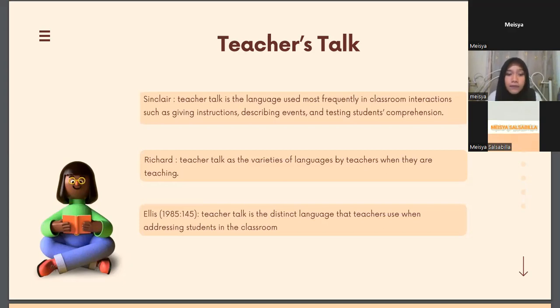And the last is from Alice, who states that teacher talk is the distinct language that teachers use when addressing students in the classrooms. So, teacher talk plays an important role in language teaching, especially in language learning because it is a tool for carrying out teaching plans during the teaching and learning process.